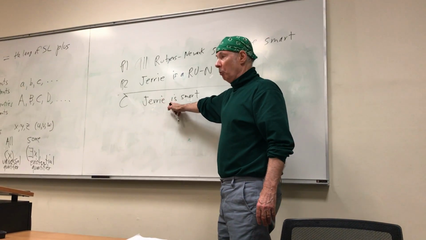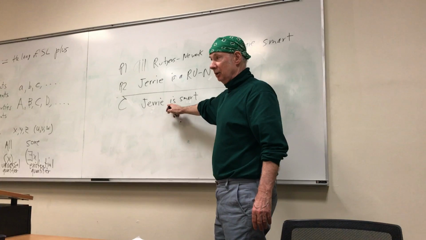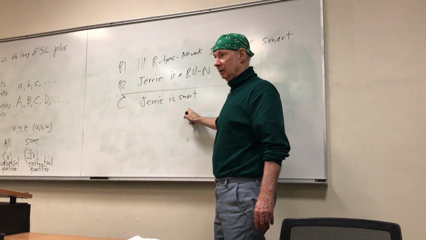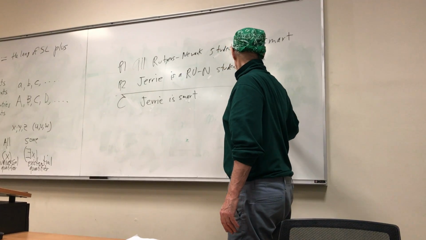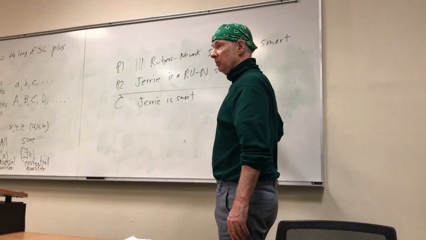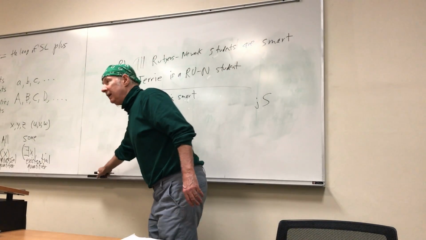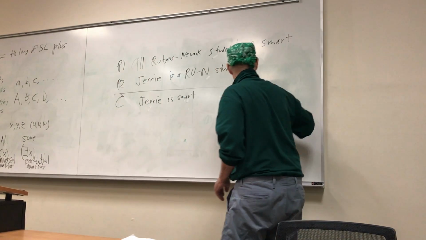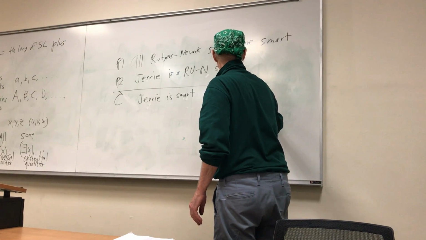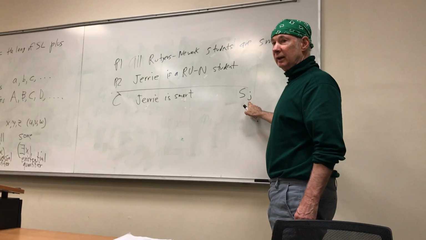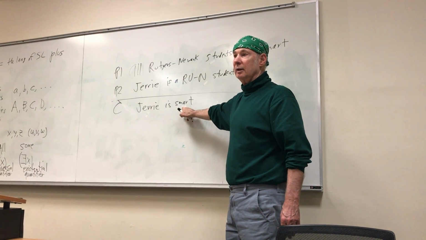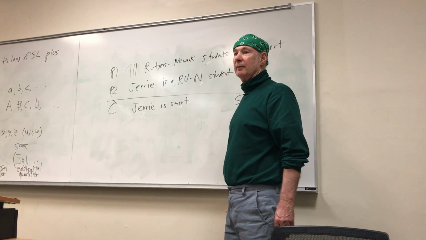Okay, what we're going to do is not do subject-verb in predicate logic. We're not going to write that as this. That is not the way you say Jerry is smart. We're going to make it verb-subject. In other words, this is the predicate logic translation of Jerry is smart: big S, little j.